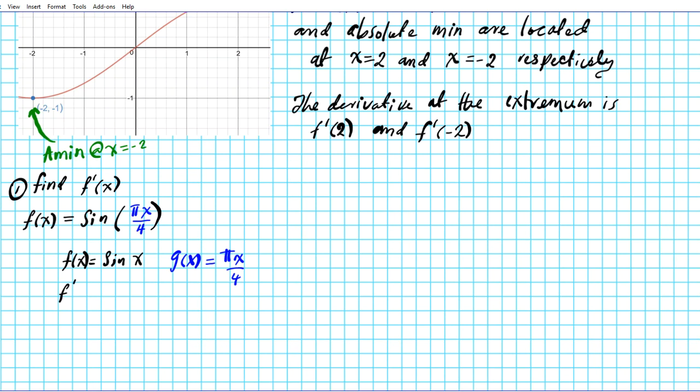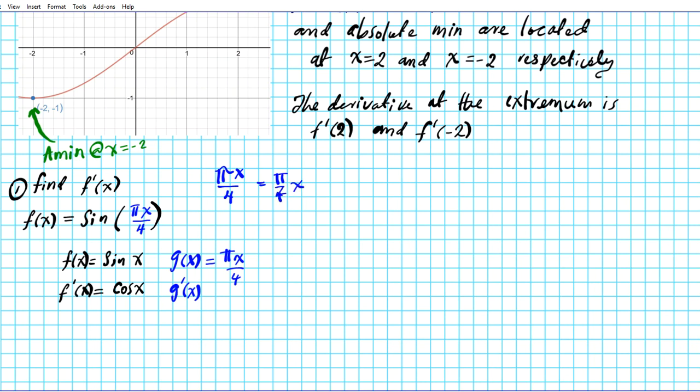F prime is derivative of sine is cosine. So this is like f prime of u, and then u is the inner function g of x, g prime of x. Now to differentiate this, just remember that pi x over 4 is the same thing as pi over 4 times x.